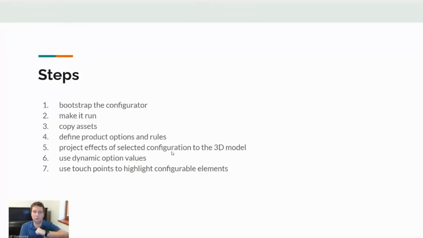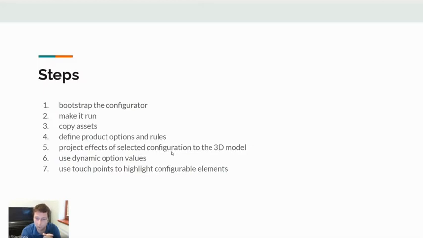So the steps will be: we will be bootstrapping the configurator using the template, which is currently in progress. Then we'll make the configurator run in the default setup. I will show you how it looks. And then maybe I will also talk a little bit about how the configurator is assembled in the code, but that's not really the purpose of this presentation, because it would take a while for you to understand how it fully works.